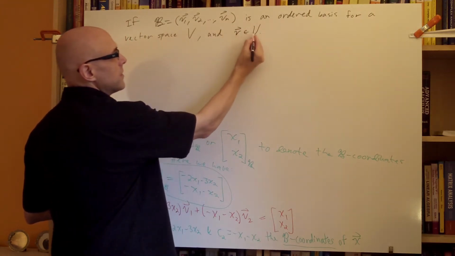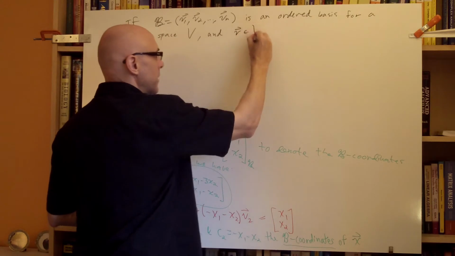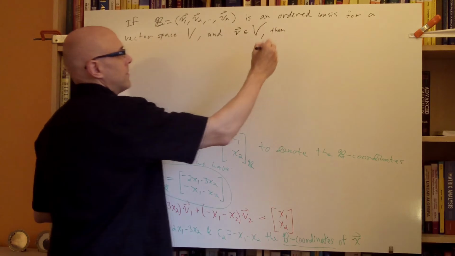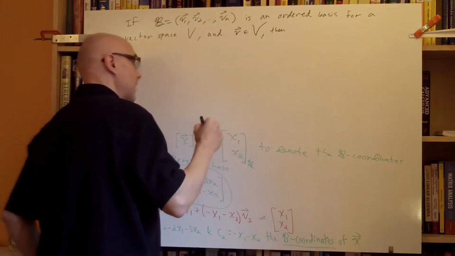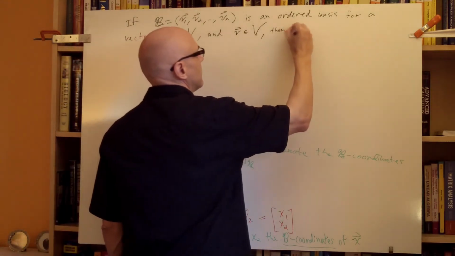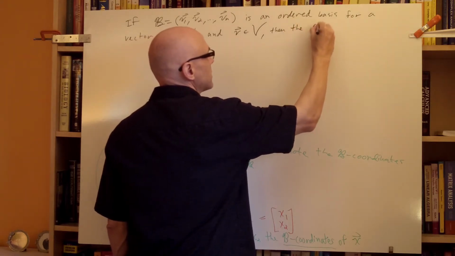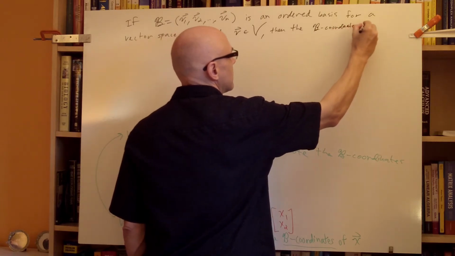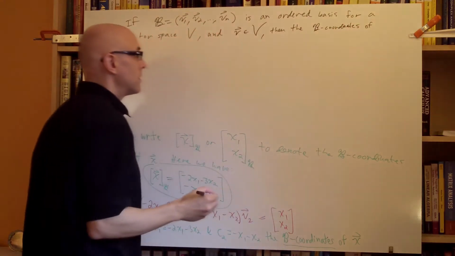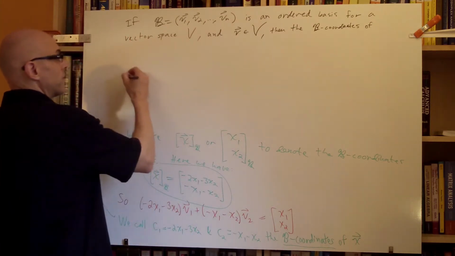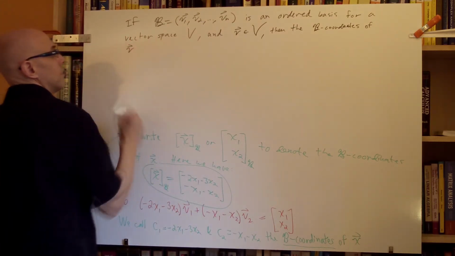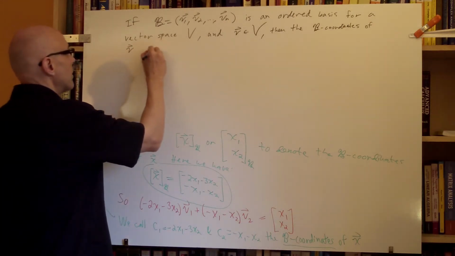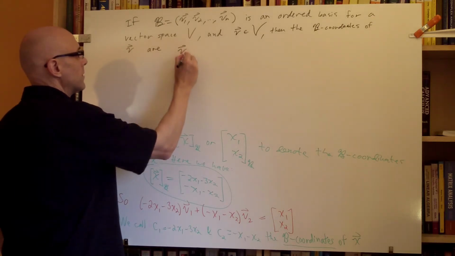This vector v is in the vector space big V. Then the B coordinates of the vector v are as follows.